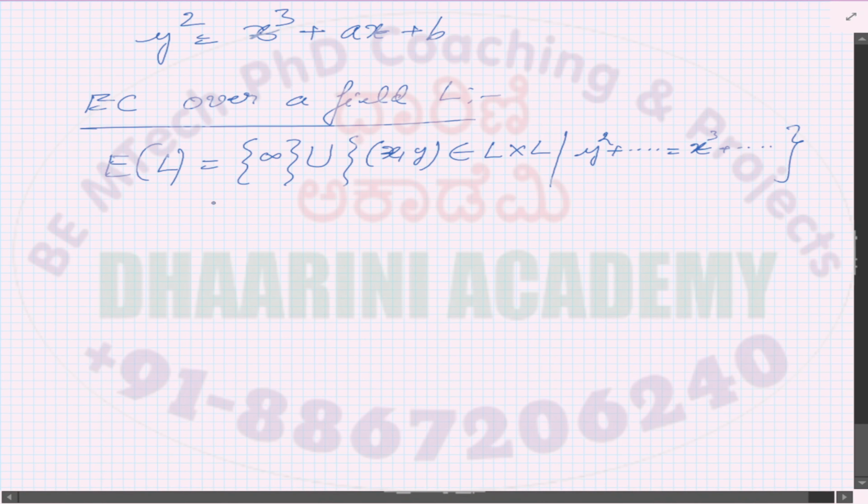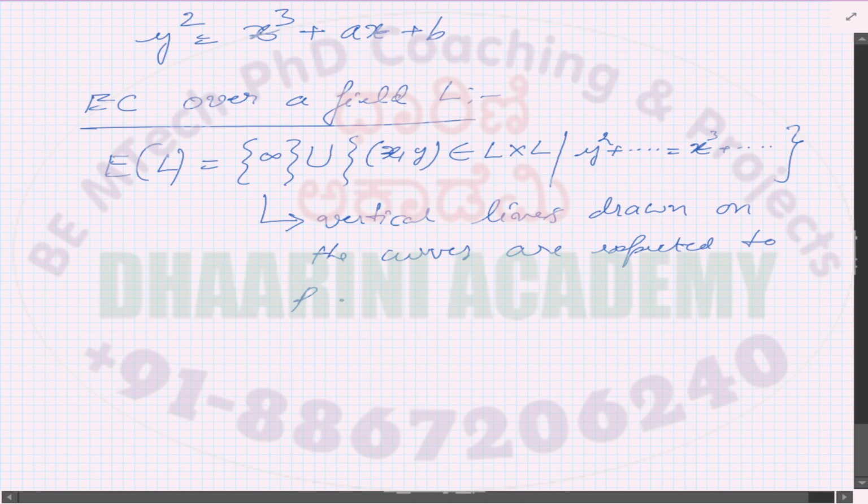Now I'll justify why the infinity is included. I'll just write one point here. If at all you draw a vertical line drawn on the curves, they are expected to pass through the third point, right?